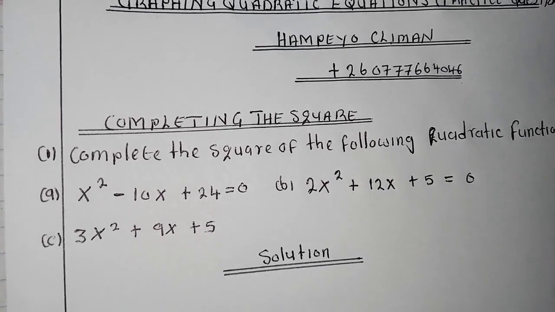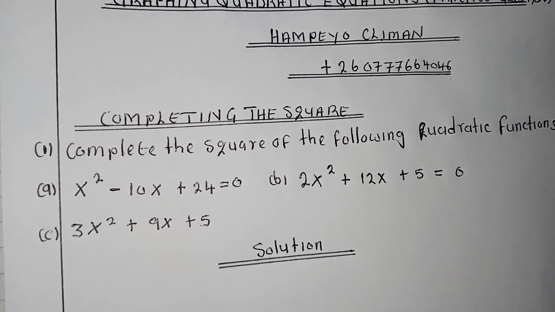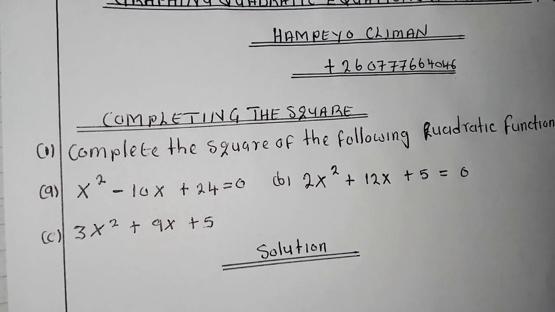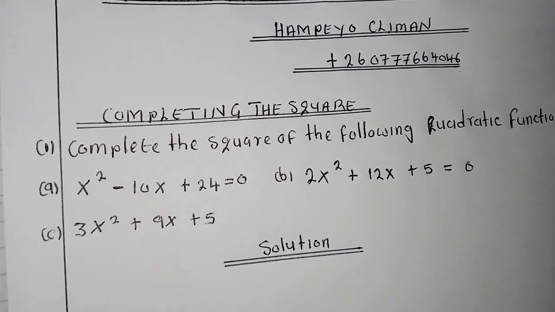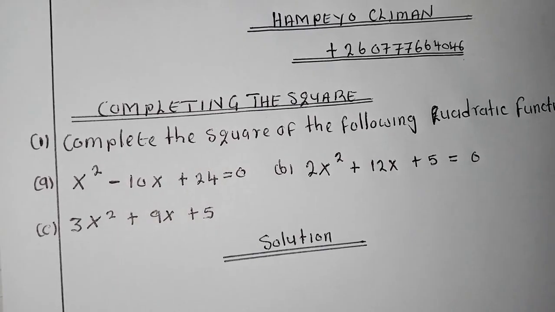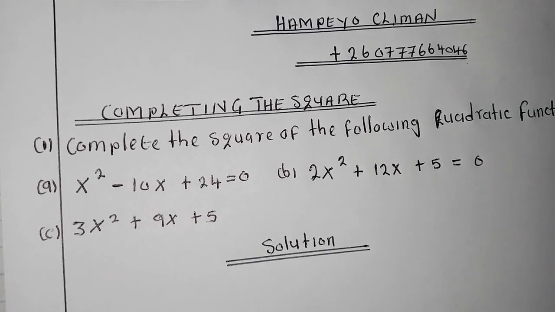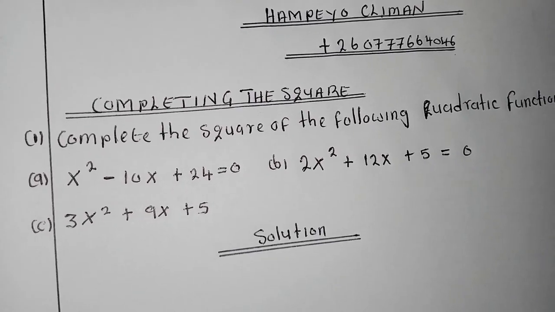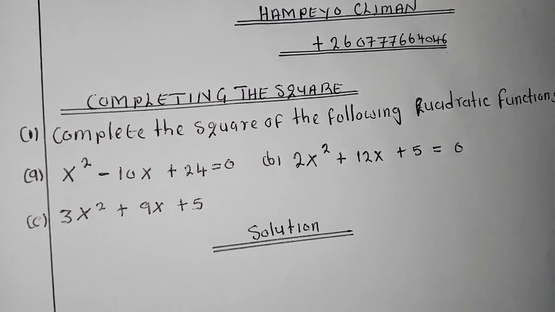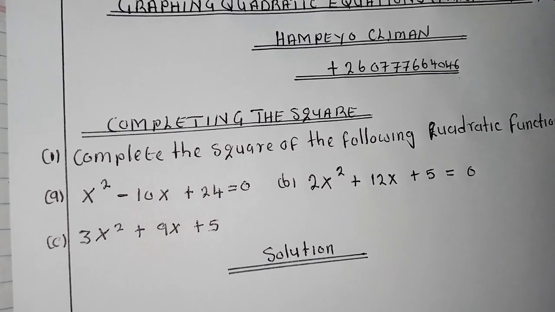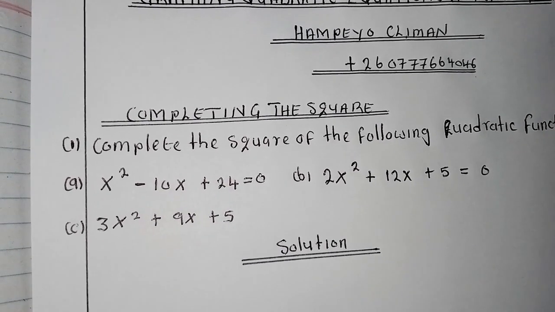So they're saying complete the square of each of the following quadratic functions. Well, I'm going to make this easy for you so that you don't have any problems once you encounter a question, no matter how difficult it may be.